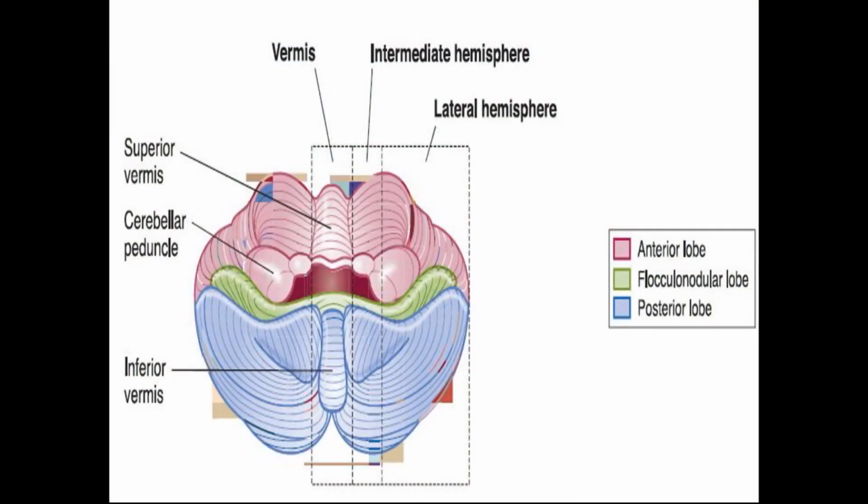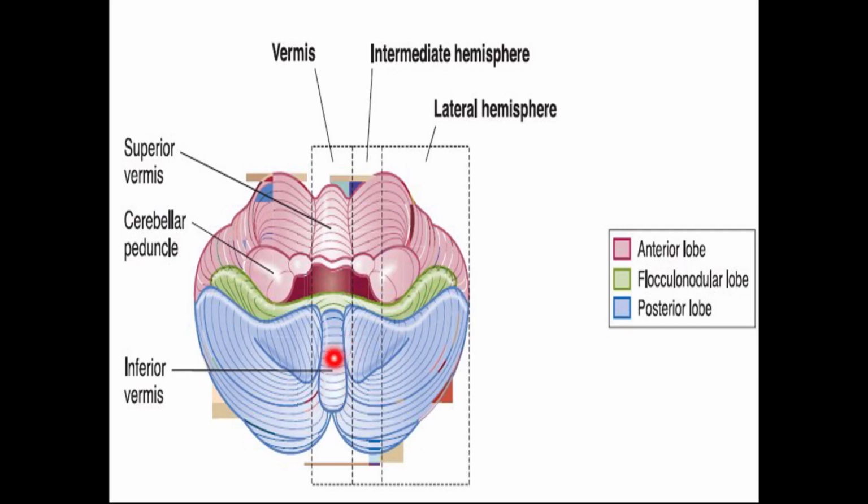So this is how the cerebellum appears. This green one is the flocculonodular lobe, the pink one is the anterior lobe, and the blue one is the posterior lobe, right? The flocculonodular lobe is separated from the rest of the cerebellum via the posterolateral fissure.